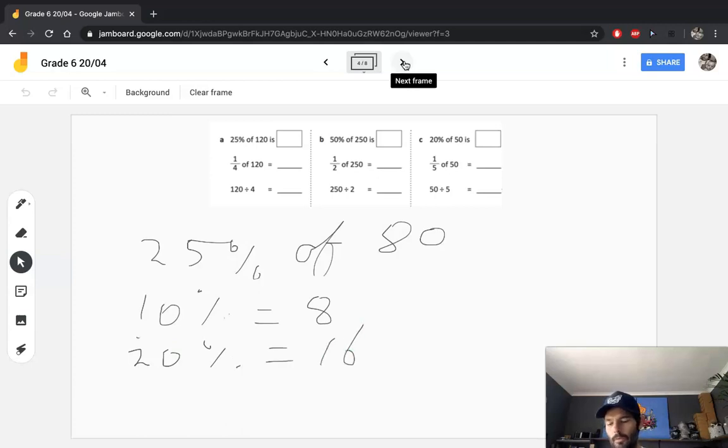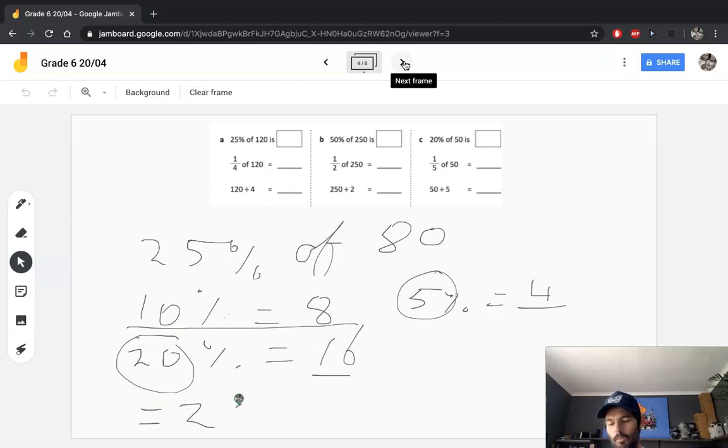Okay, then if 10% is 8, 5% must be equal to 4. So if I add 20%, which is 16, and 5%, which is 4, I also get my answer of 20. Okay, so they're the two options for you to work through again.